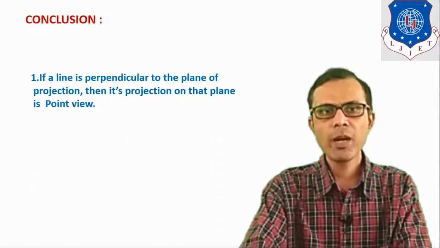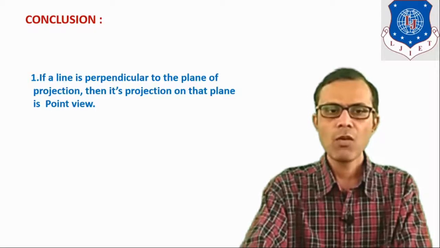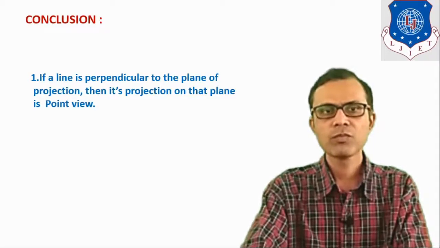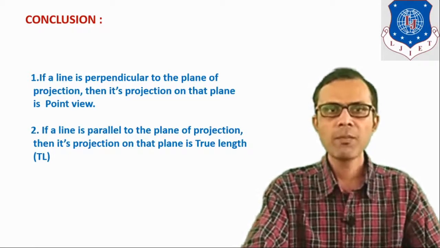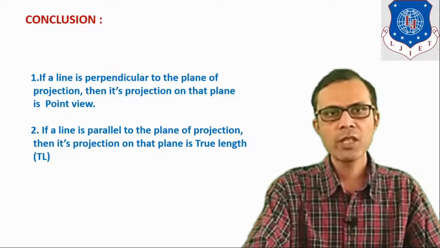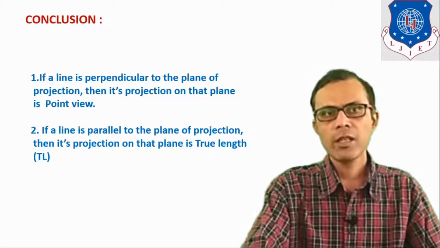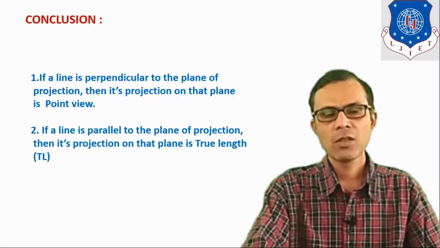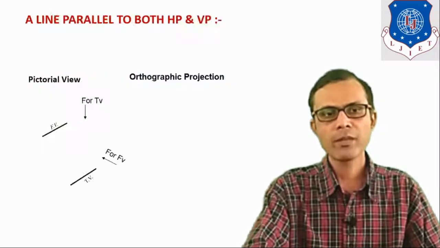If a line is perpendicular to the plane of projection, then its projection on that plane looks like a point view, and if the given line is parallel to the plane of projection, then its projection on that particular plane shows the true length for the given line. True length in short form is written as TL. So these conclusions you have to understand and you have to remember.